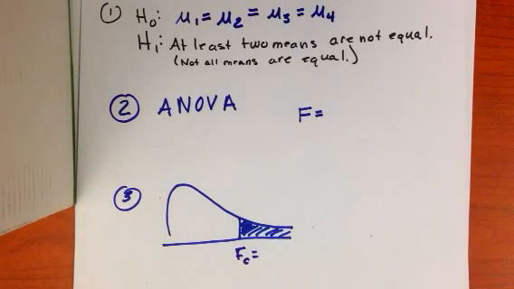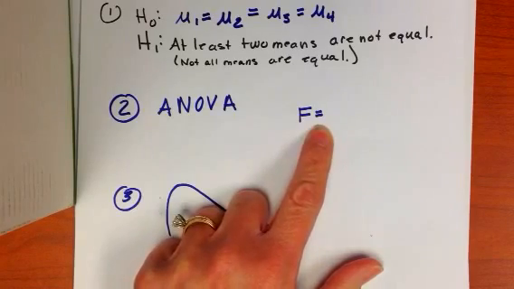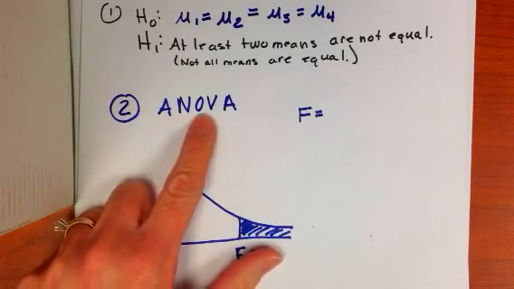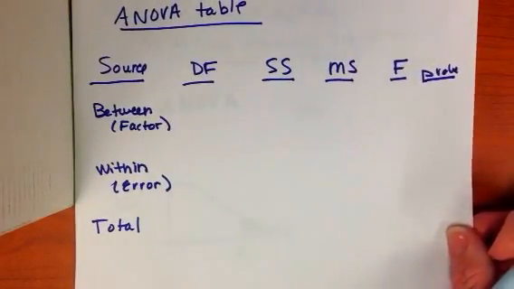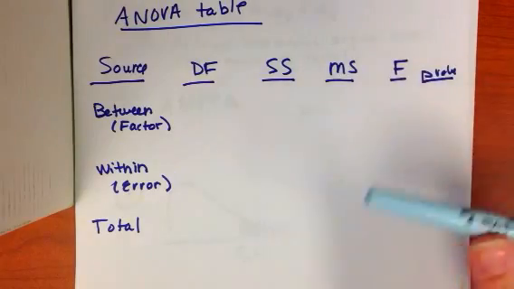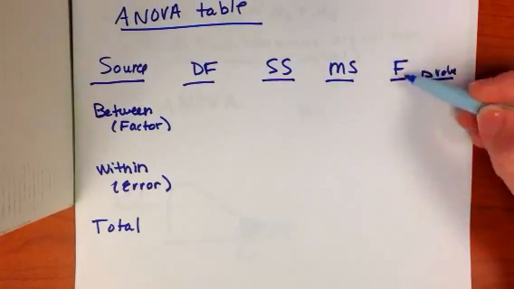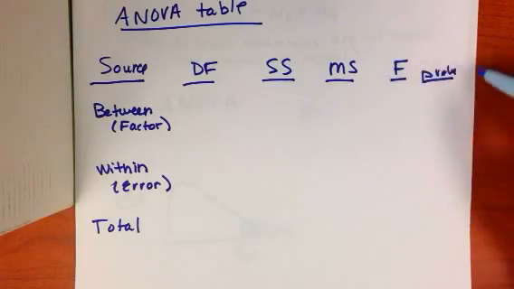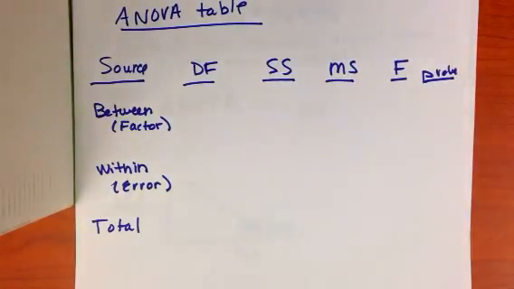Okay, so in the way we find the F test statistic, we create what's called an ANOVA table, and this says analysis of variance. So ANOVA tables are going to have these different values in it, and they're used to compute the F-test statistic and the p-value. Obviously, these are the 2 things we're going to look at to make our decision, but this other information is used to compute that.